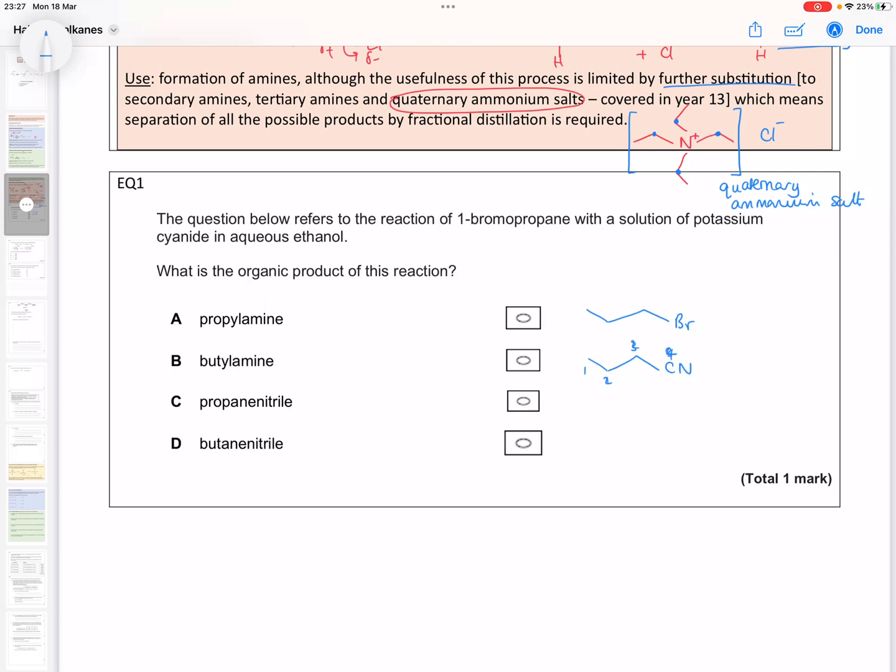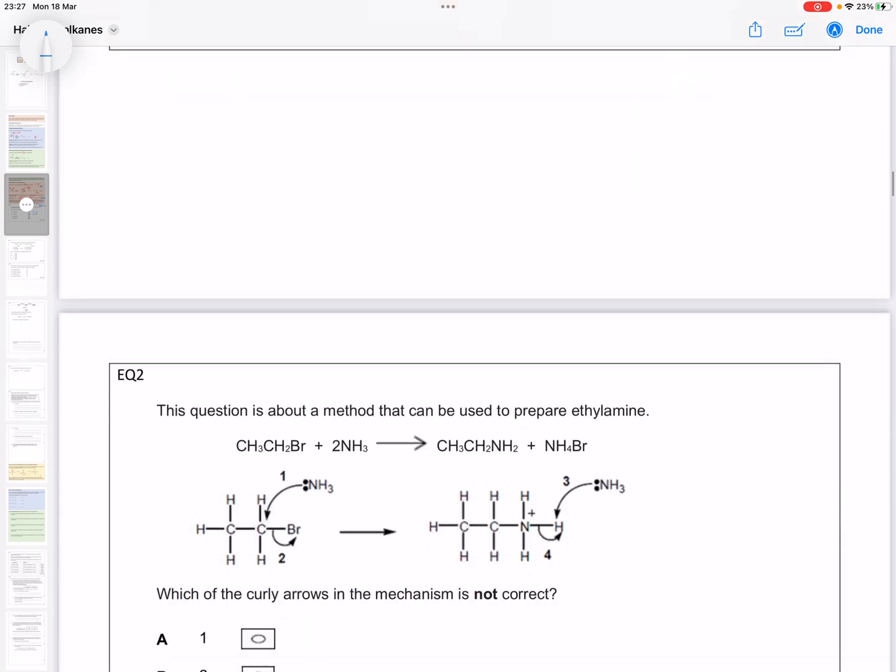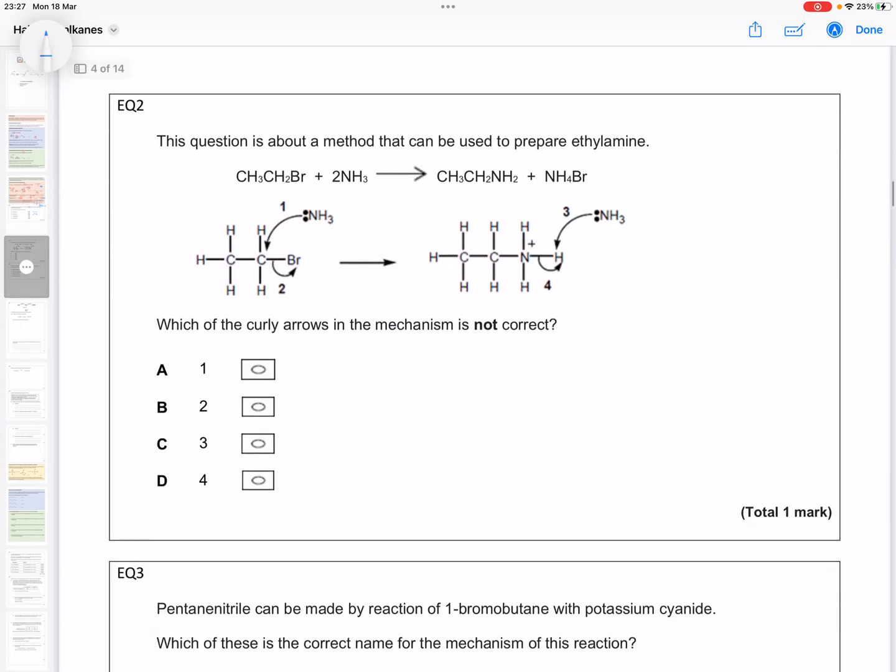So our substituted product has now got 4 carbon atoms, so it's actually butane nitrile. So bromopropane is going to extend its chain length with cyanide, so it's going to become 1 plus 1 carbon atom bigger on the chain. Let's have a look at exam question 2.